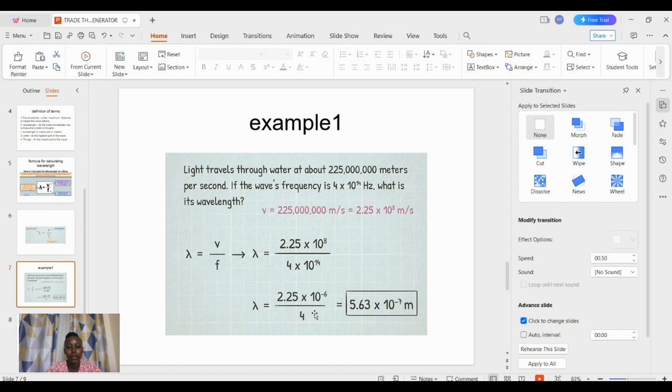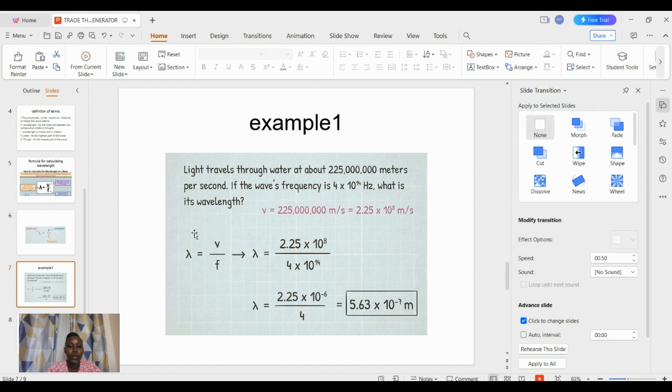The question says that light travels through water at about 225 million meters per second. If the wave frequency is 4 multiplied by 10 raised to power 14 hertz, what is the wavelength?